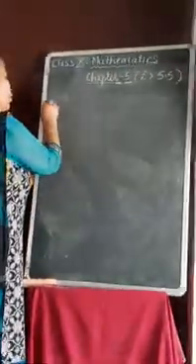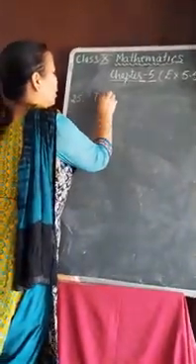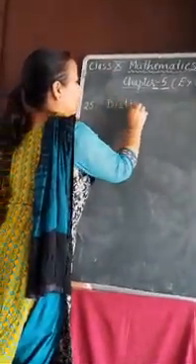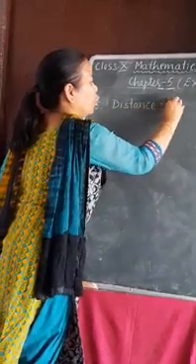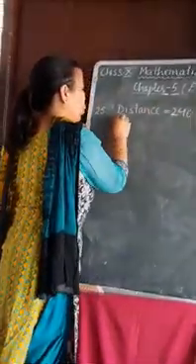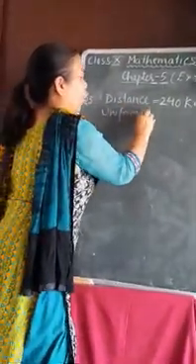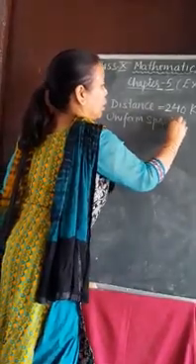So here in this 25th question, the total distance is equal to 240 kilometers and the uniform speed of the bus is equal to x kilometers per hour.